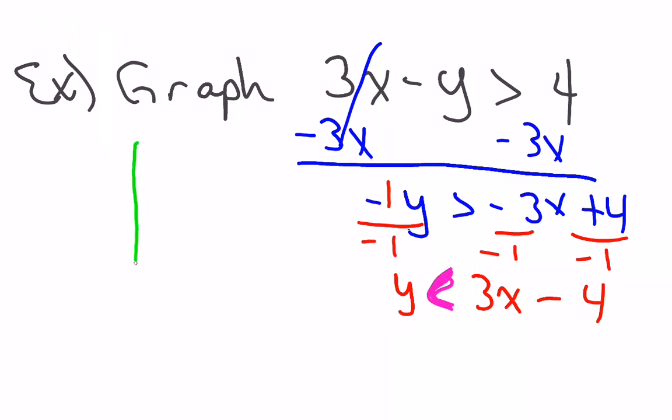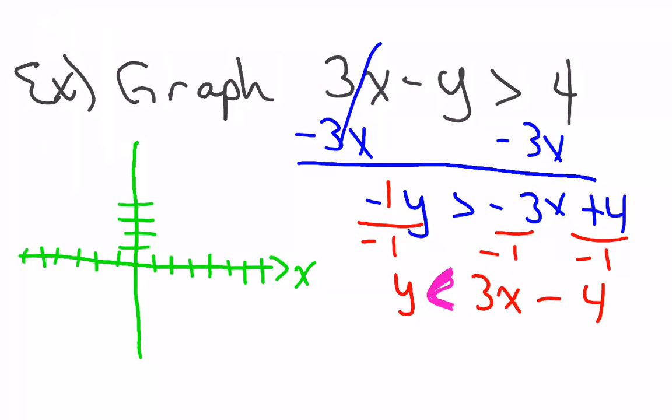So let's draw the graph here and put in our lines so we can count what we need to for our points. Okay, so graphing by slope-intercept form means we graph the y-intercept first.